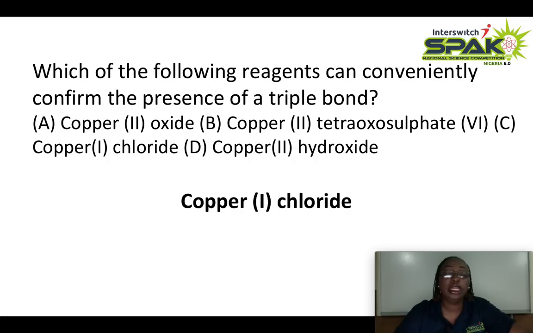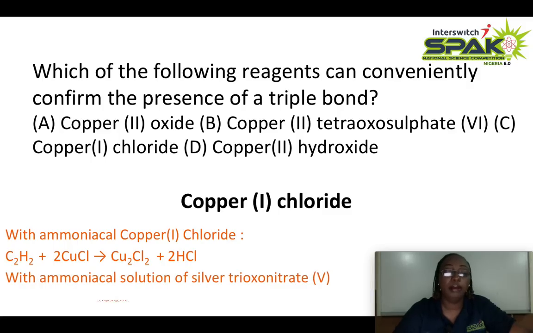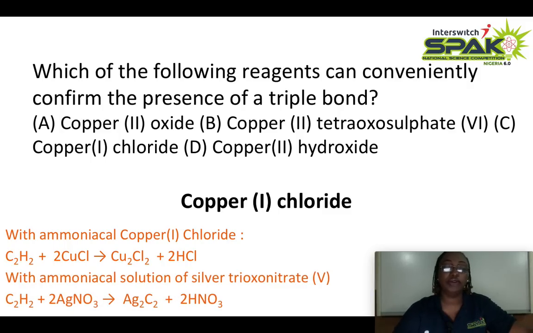These 2 reagents can be used to differentiate a triple bond from a double bond. Both of them can be used to differentiate triple bonds. Alkenes do not undergo this reaction. Only alkynes undergo this reaction.